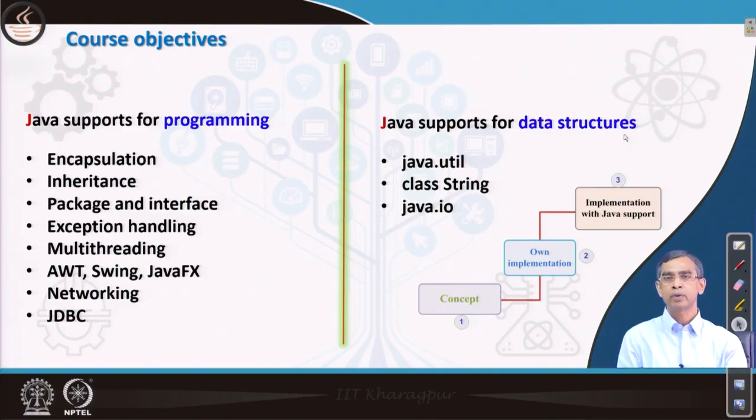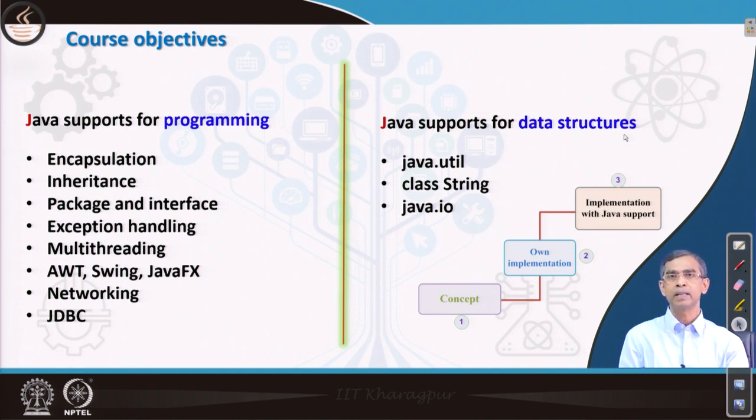First is called core programming. The core programming basically helps you learn the programming structure, control flow, and essential programming features like encapsulation, inheritance, package and interface, exception handling and multi-threading. So, this is basically the core programming aspect.